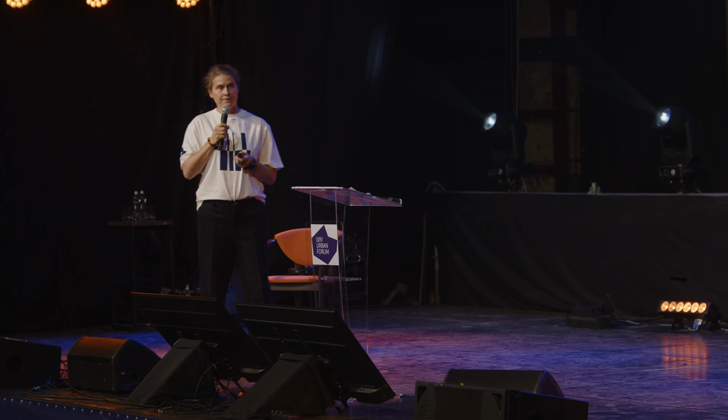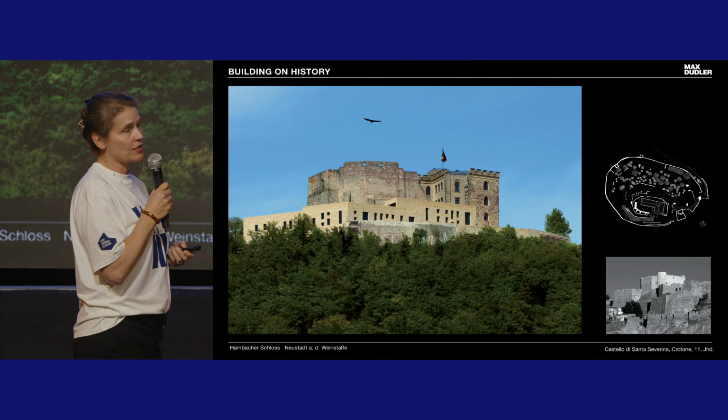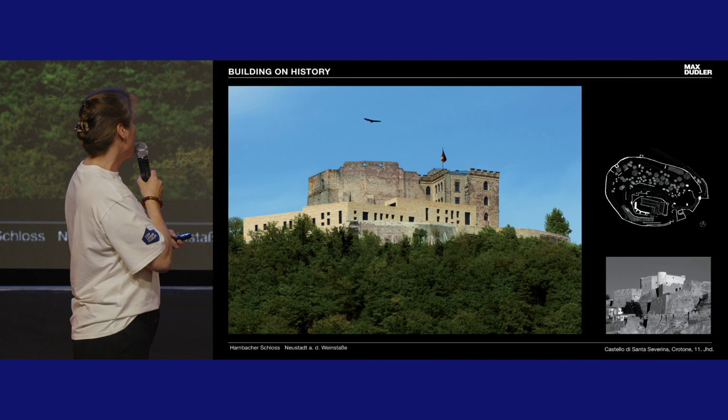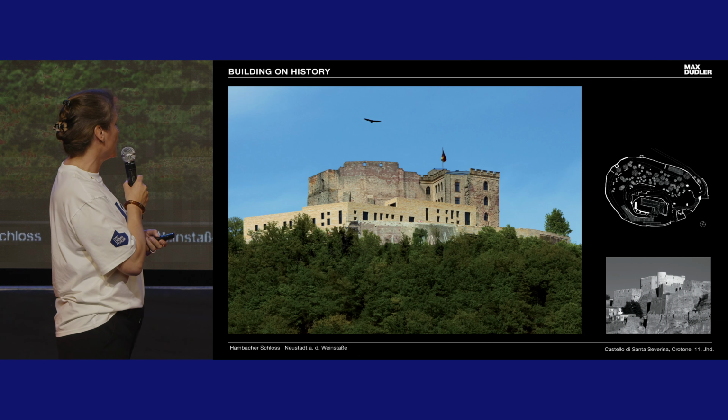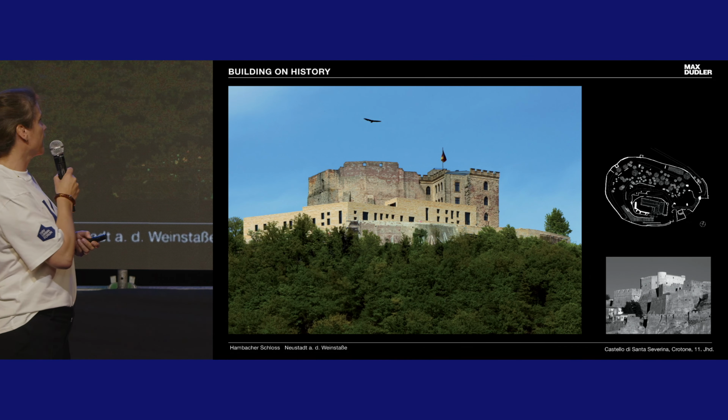We won a competition in 2004, and it is a symbol of democracy in Germany, since the Hambacher Fest, when the Germans united to one nation in the 19th century. So it's a very important building for us, and a big question is how you deal with a structure like that.